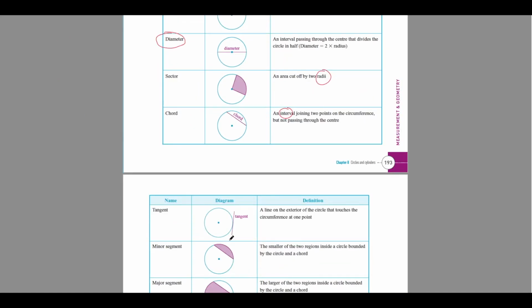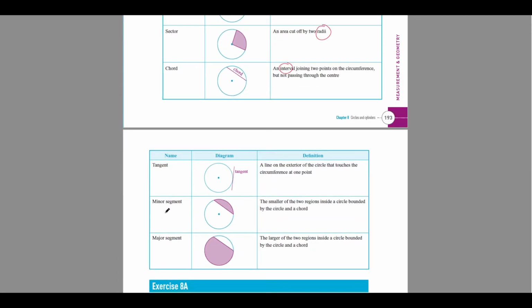Tangent, okay, so this is getting slightly more complex, but a tangent is basically a line that's outside the circle that touches the circumference at only 1 point. So if I draw a line that touches the circle at 1 point, then that's called a tangent. This is a word that you probably won't see much until you're in probably year 10 and onwards.